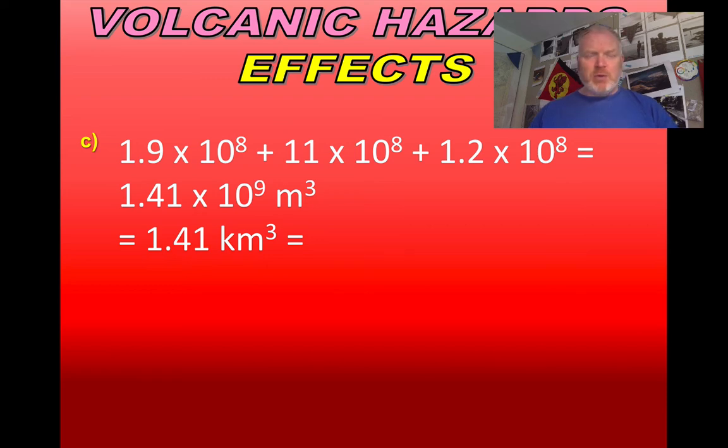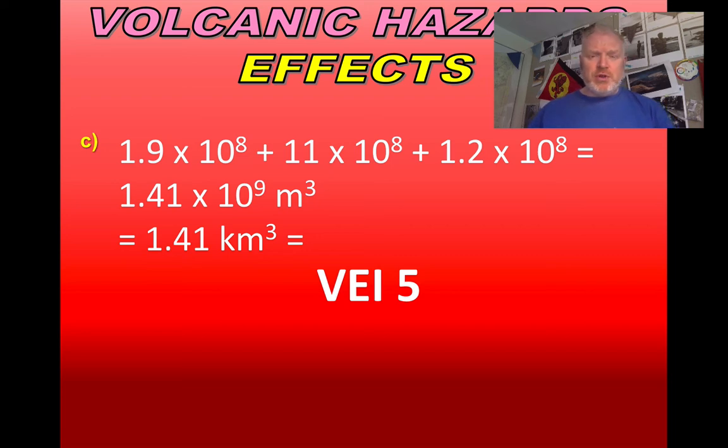Now, if we go back to our table and look at where that will fall, that's more than 1 cubic kilometre, less than 10 cubic kilometres. So Mount St Helens was a VEI 5 eruption. Quite a big one, of only a handful in the 20th century.